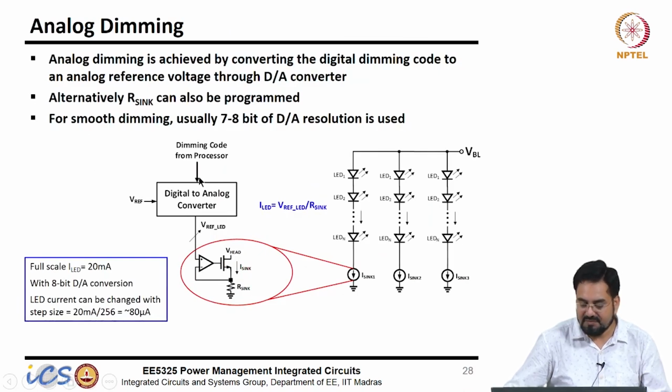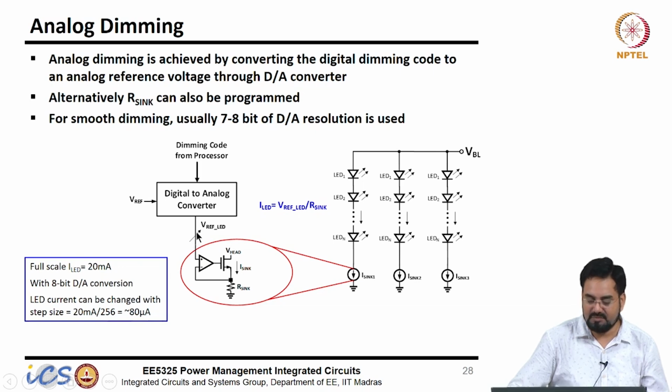So analog dimming is quite simple. We know we have this sink regulator, so all we need to do is change the reference voltage. My current is nothing but this Vref, let's call it Vref LED, divided by R sink. So that will be your current. You have a fixed Vref, and you can have a digital to analog converter to generate a programmable voltage. It has to be digitally programmed because the command I am getting from the processor is binary.